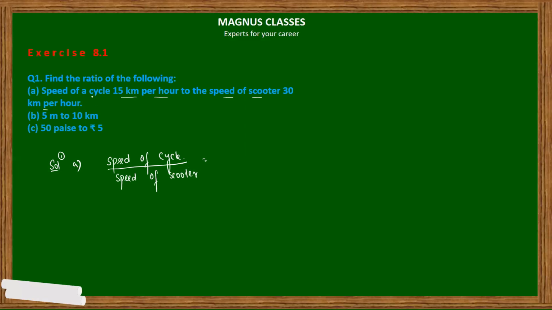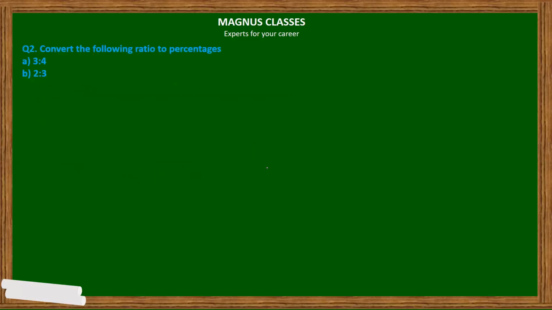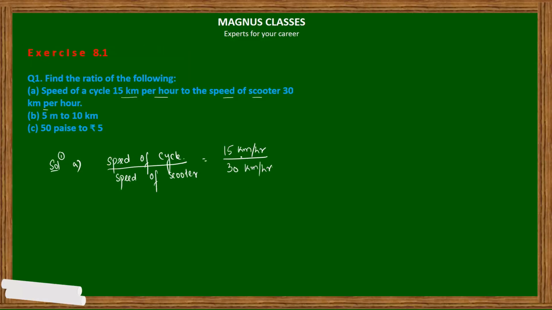It is equal to, now the speed of the cycle is 15 km per hour, divided by the speed of the scooter, 30 km per hour. Fine. So the unit is the same, so we don't need to convert this. Here 15 ones are 15, 15 twos are 30. So the ratio of this is 1:2. Alright.